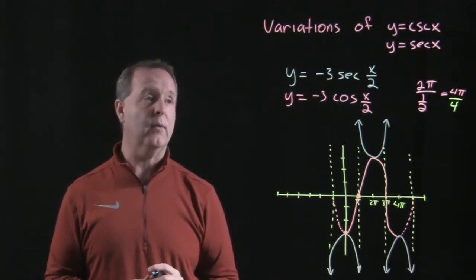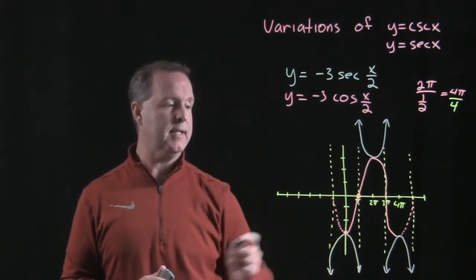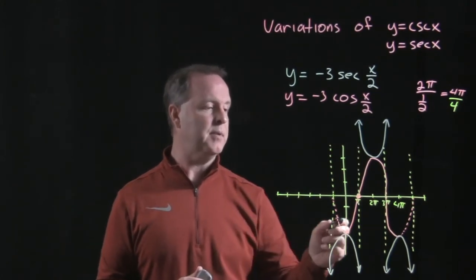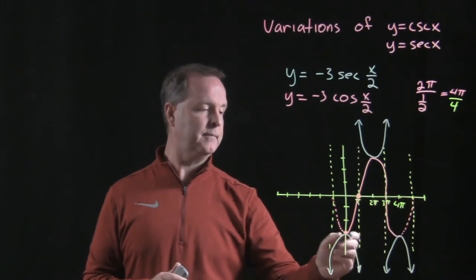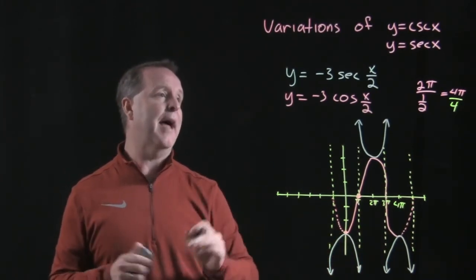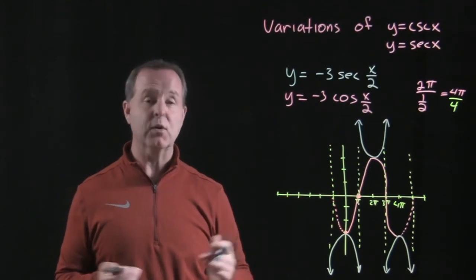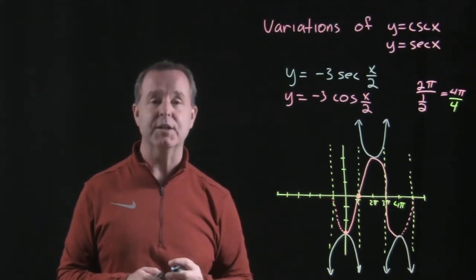And so my secant graph, negative 3 secant of x over 2, is my blue markings on there. One complete cycle goes from 0 to 4 pi. So have fun as you explore how you can graph all these functions and the variations of them as well.